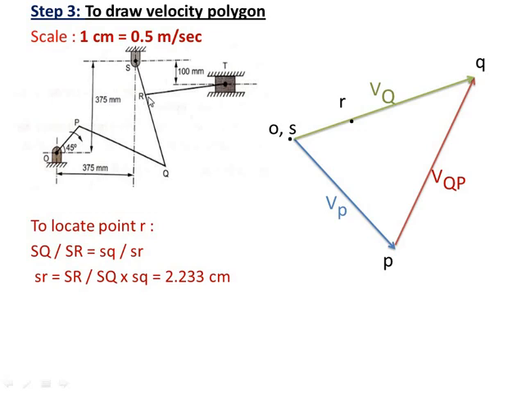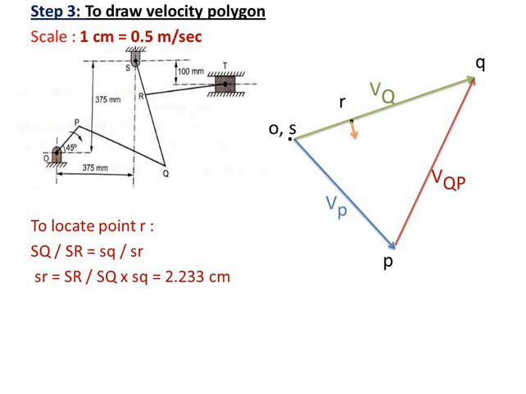Then from R there is a link RT. The velocity vector of RT is perpendicular to RT. So from R we will draw a velocity vector perpendicular to RT. Again we don't know its magnitude, so simply draw the velocity vector.